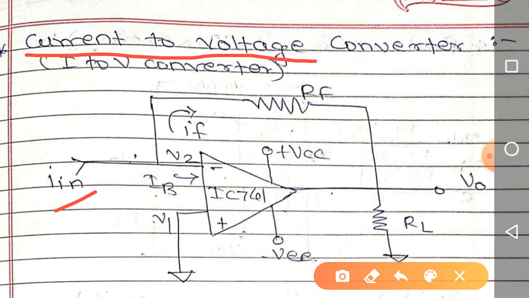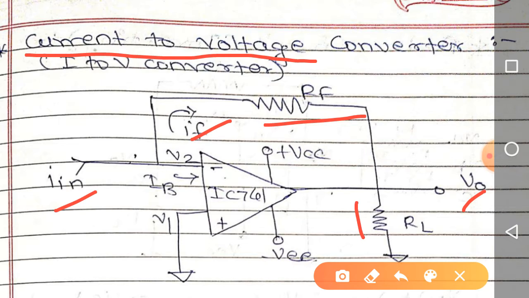Non-inverting terminal is connected to the ground. IB is the input current for the op-amp. IF is the feedback current. RF is a feedback resistor. RL is a load resistor. V0 is the output.